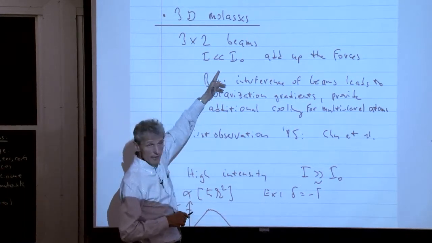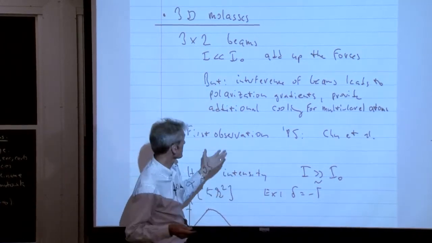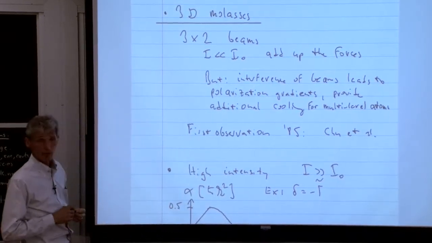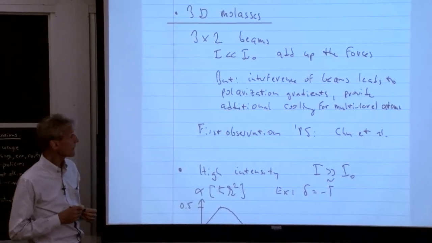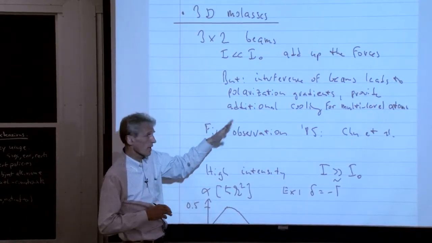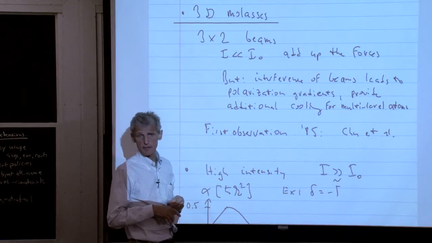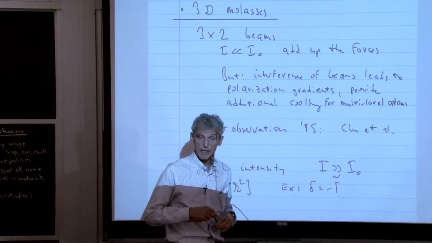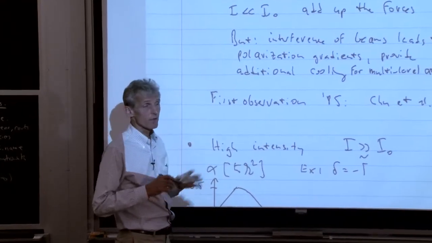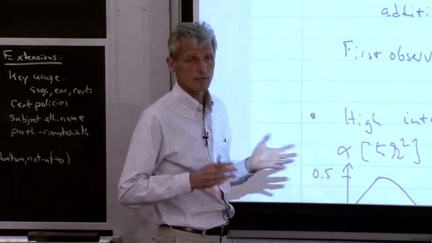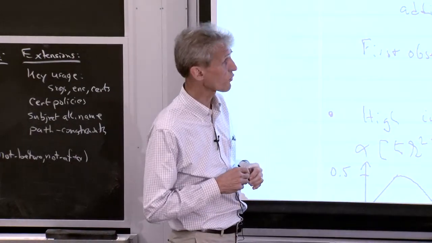At low intensity, and you have to take my word for it, you can ignore all the interference effects between the beams. They can actually lead to very interesting effects. I will give you at least a taste, actually a pretty good taste, of what happens at higher power. We need the dressed atom picture, and we'll discuss how the stimulated force can be used for cooling.